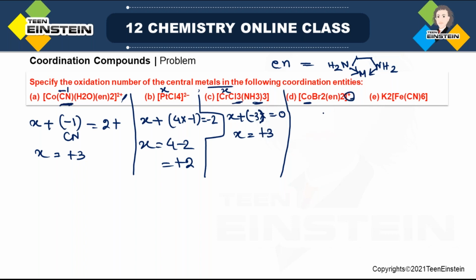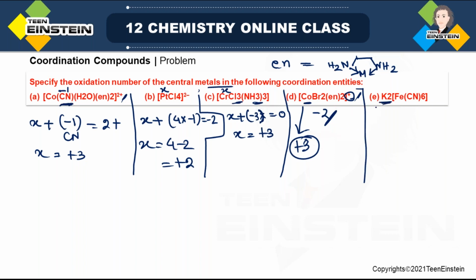Outside we have 1 positive charge, and for Br2 we have 2 negative charge. That means even after presence of -2 charge, there is still 1 more positive charge left. That means cobalt is having oxidation number +3, right? So without writing the equation also, you can find it out.